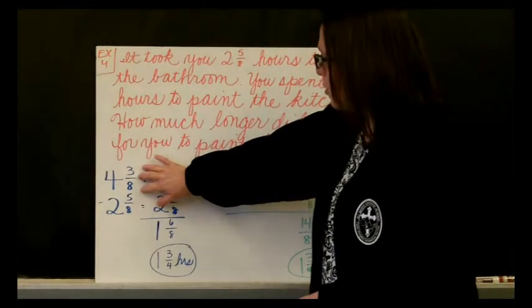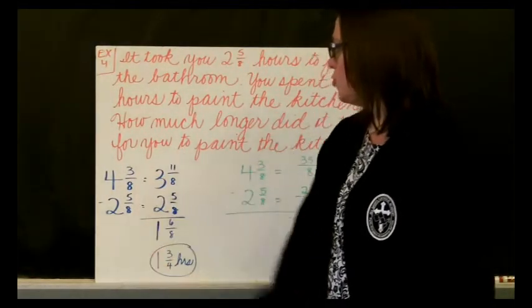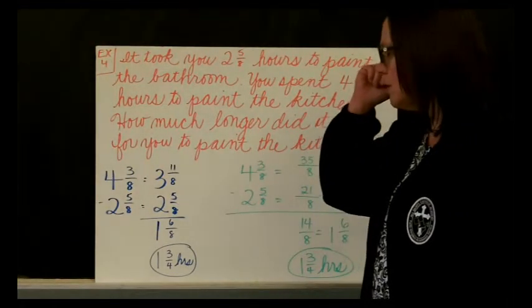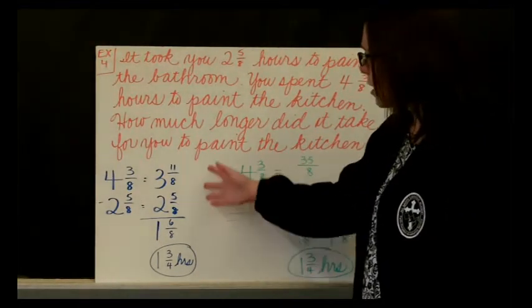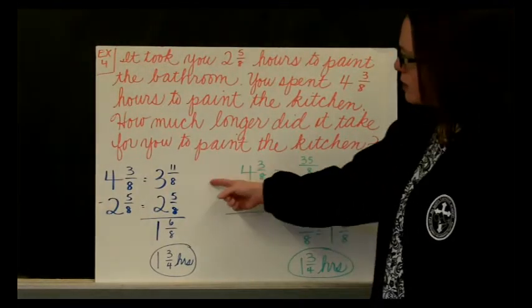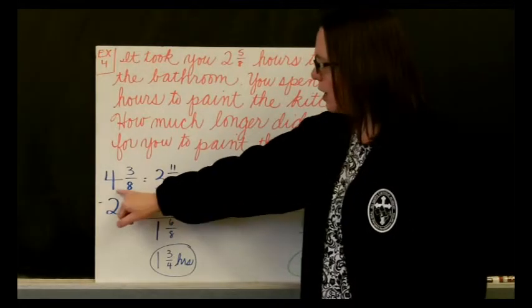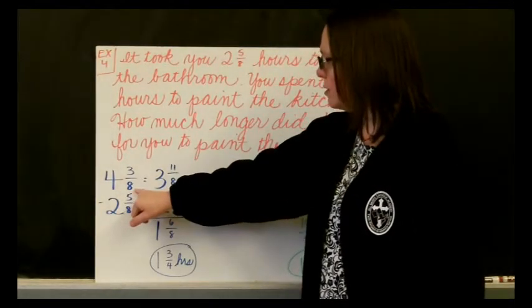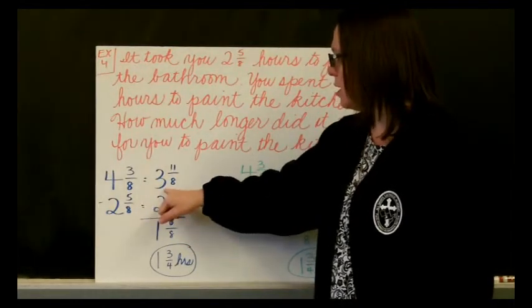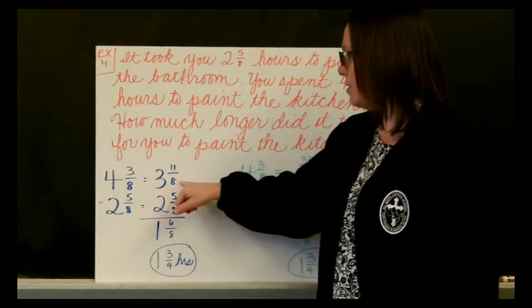What we have is 4 3/8 minus 2 5/8. And what I did here, just to save a little bit of time, is I already solved and did it both ways. Here what I did was I regrouped. I changed 4 3/8. I took 1 away from the 4 and added it to the 3/8, giving us 3 11/8.